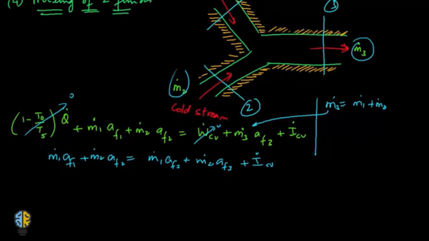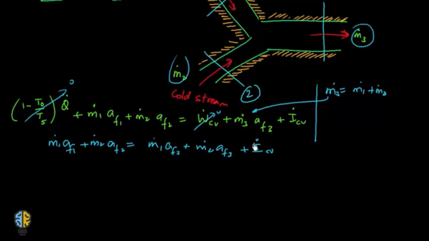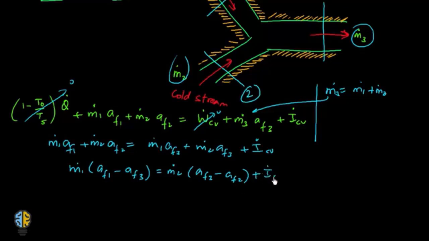Okay, so let's bring the m2 on the other side and m1 on the left hand side. So you will get m1 dot into af1 minus af3. This is equal to m2 dot into af3 minus af2 plus I dot CV.